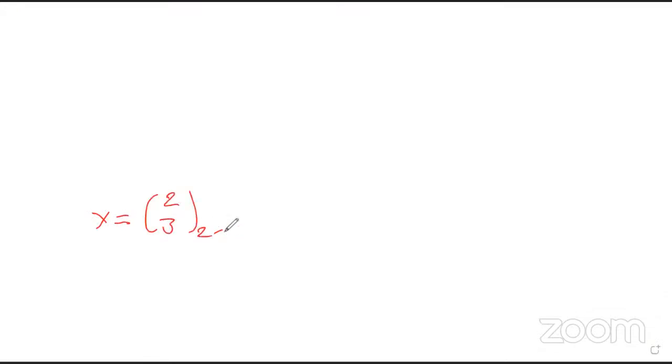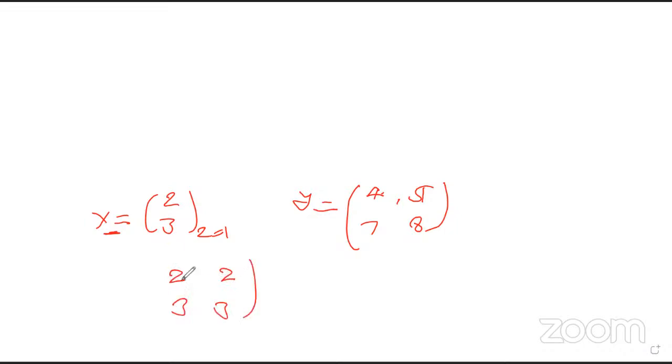So this is 2 cross 1, right? And y is of the shape 2 cross 2. So let's say 4 comma 7, 5 comma 8, whatever the values are. What it will do is expand this dimension to bring it into the same dimension. So here it will duplicate these values: 2 comma 2, 3 comma 3, and y is the same. So now subtraction will take place.